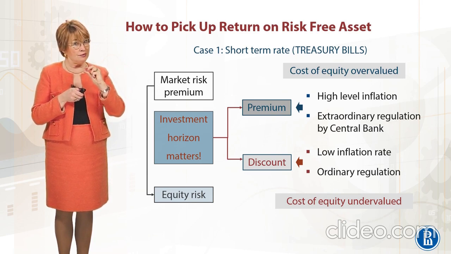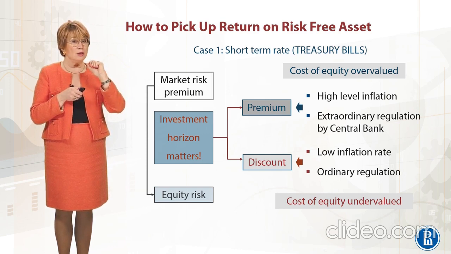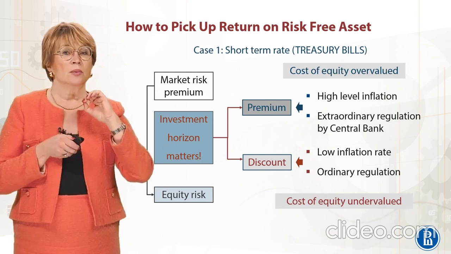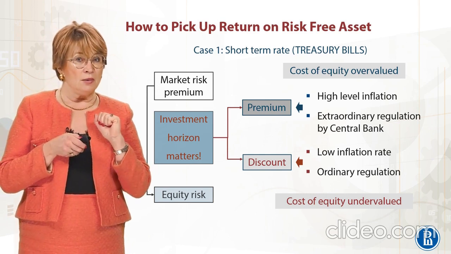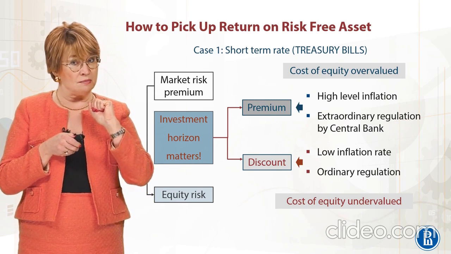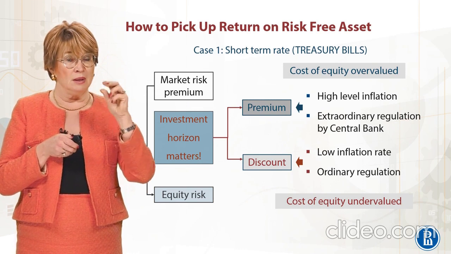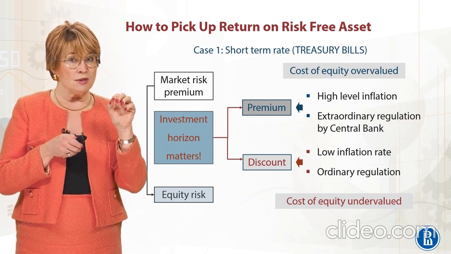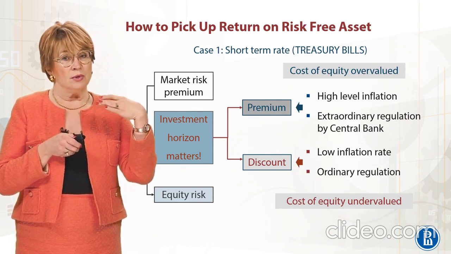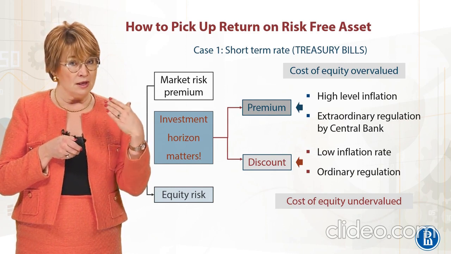So if our risk-free rate is based on treasury bills, what should we think about? In that case, we need to understand that our investment horizon matters. And we need to differentiate between two opposite situations that may arise within the investment horizon.